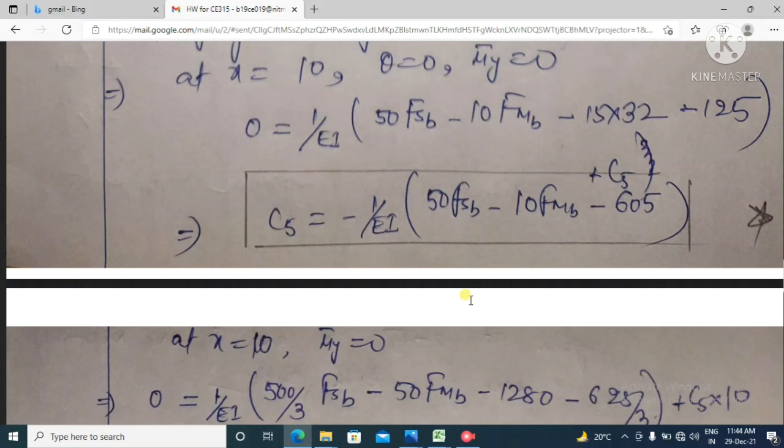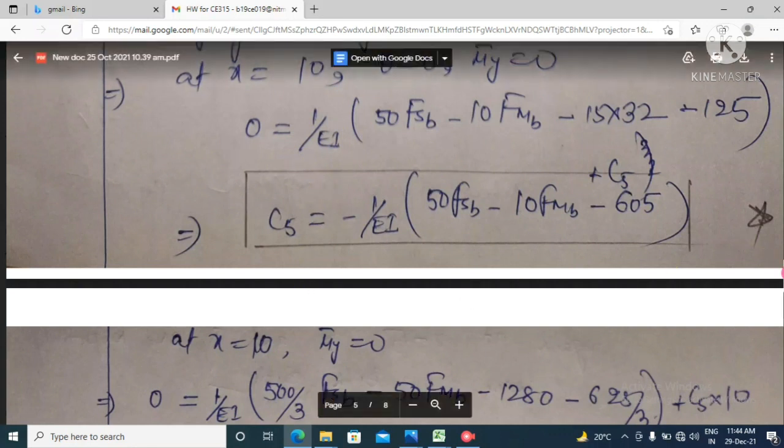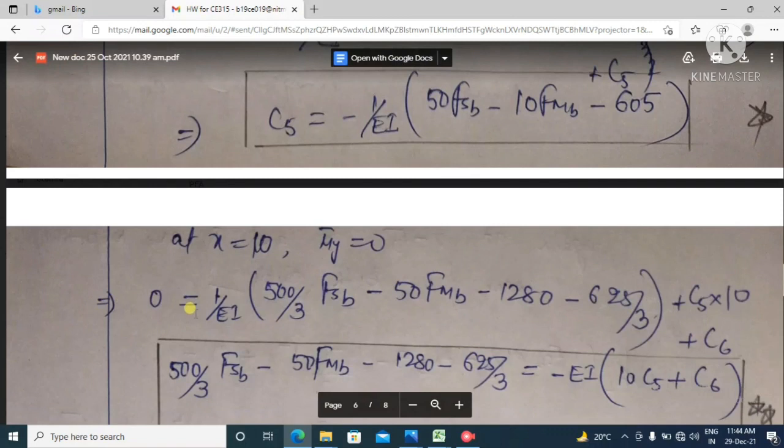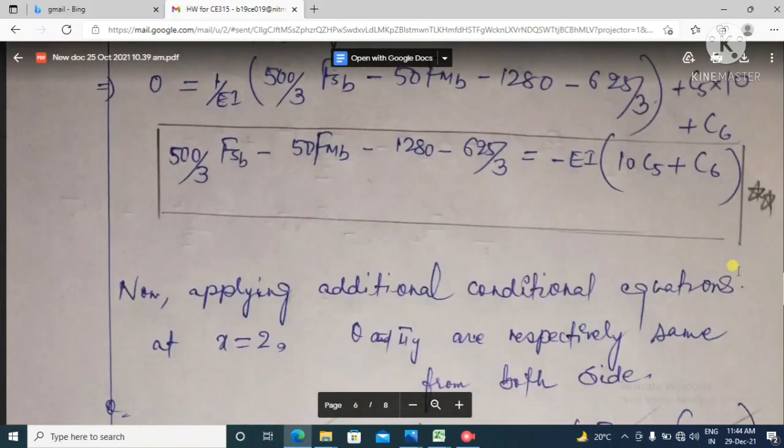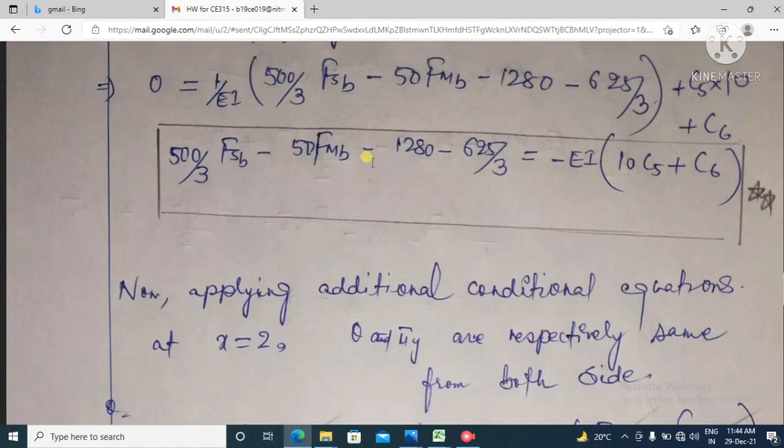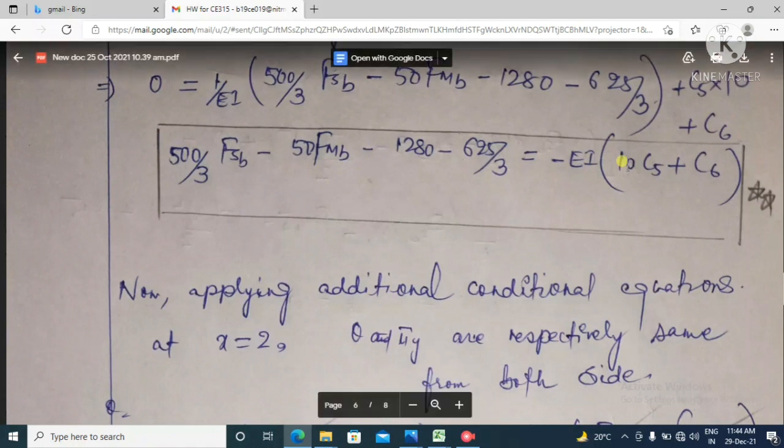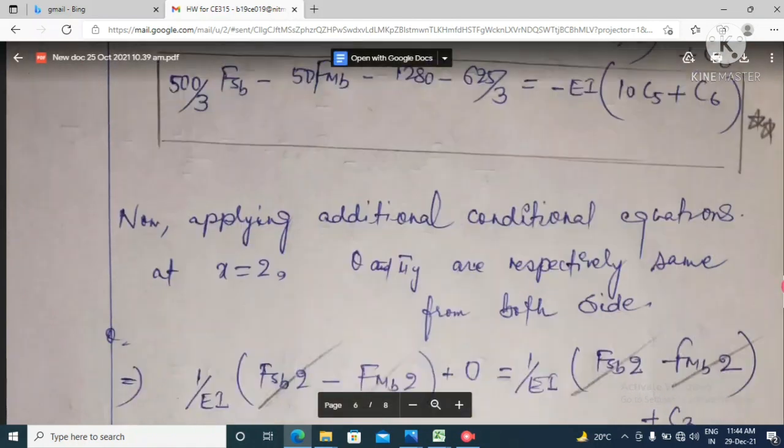And at x = 10, y will also be 0, and I will get an equation like this. I have named them equation star and equation double star. We are getting these two equations when we put the boundary conditions at x = 10.